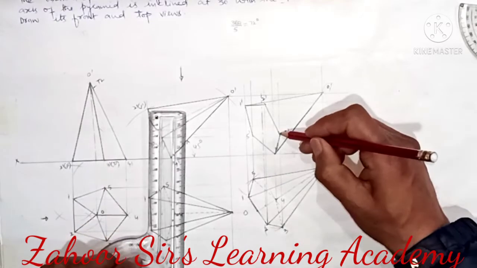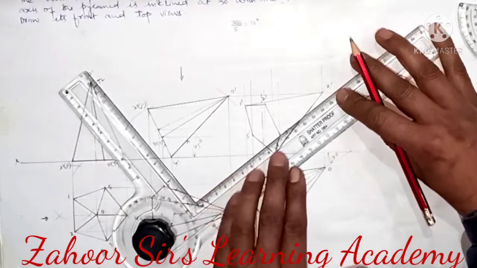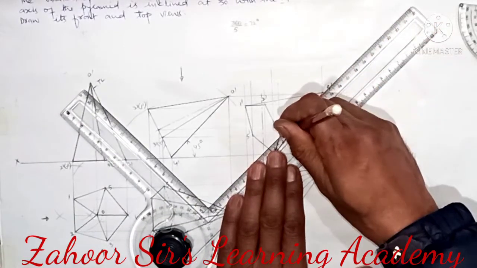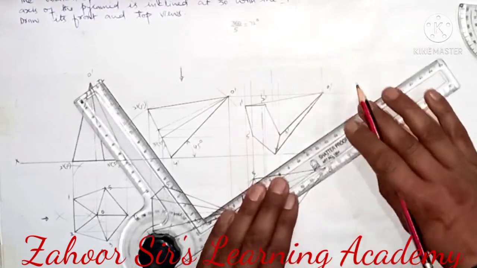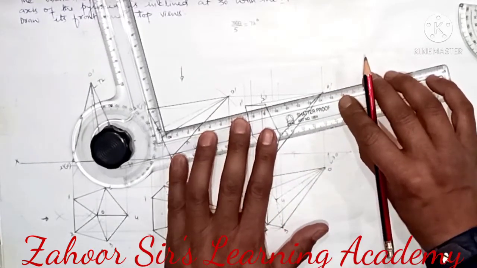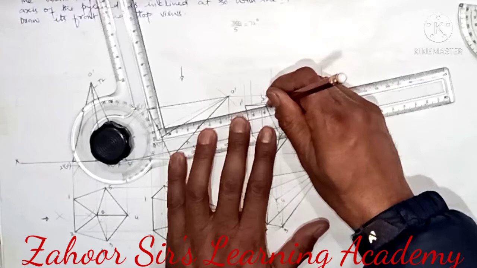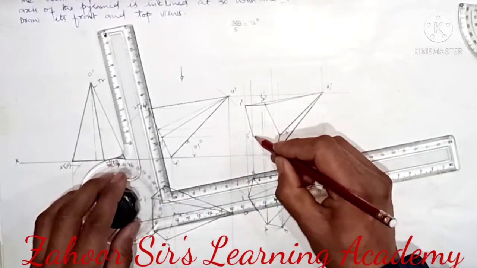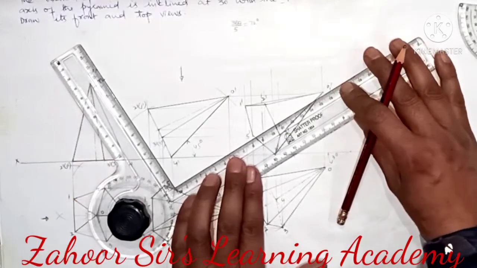Now what else can we see? We can see now this line, this one and this one. We will connect these 2 points, that's 3 prime and O prime with a dark line, and this one, 2 prime and O prime with a dark line. Now the left is 5, so let's draw this.